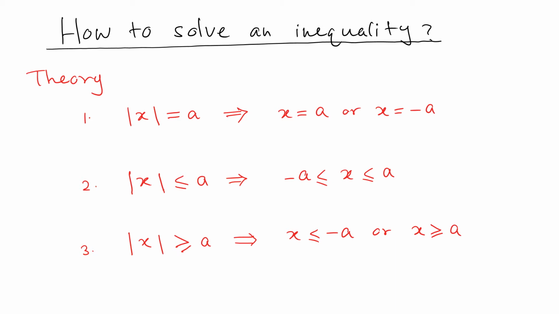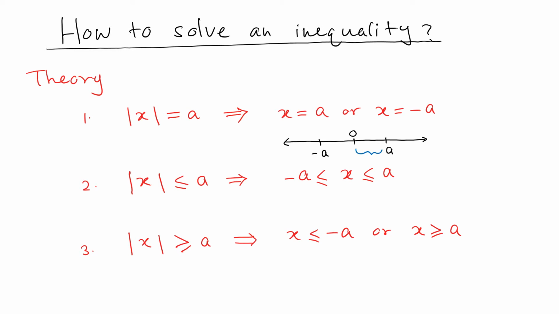If you look at this on a number line, let's look at all three cases. We have the number line, and this is the origin, this is a, and this is negative a. What the first one says is that the distance from the origin is exactly equal to a.